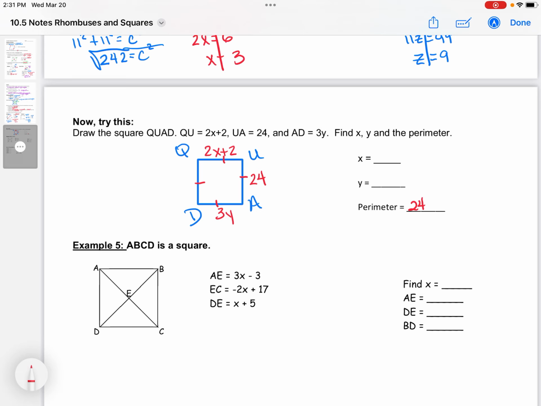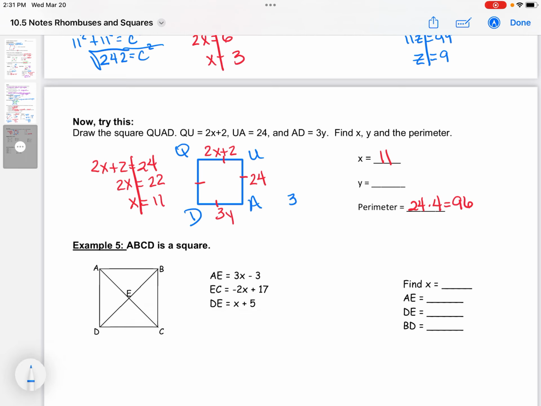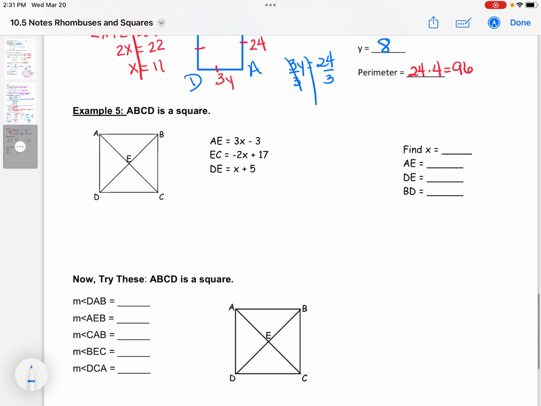So actually, they're all 24, so I can already find the perimeter because it's going to be 24 times 4, which is 96. All right, but we're going to do 2x plus 2 equals 24. 2x equals 22. X equals 11. And then we're going to do 3y equals 24. So y equals 8.